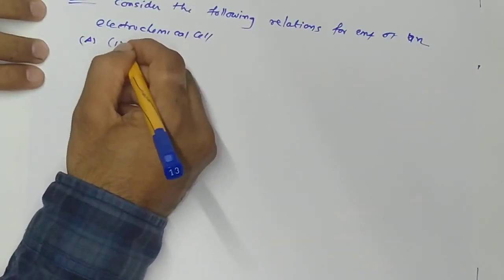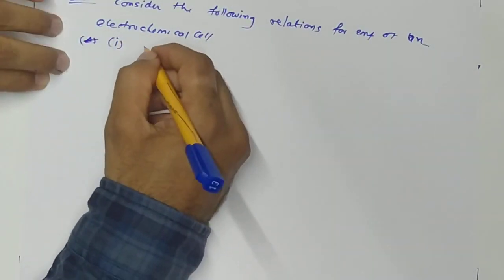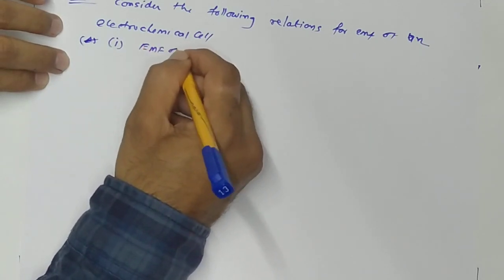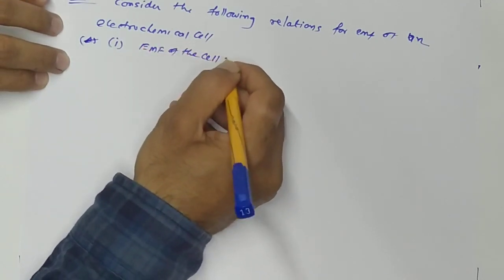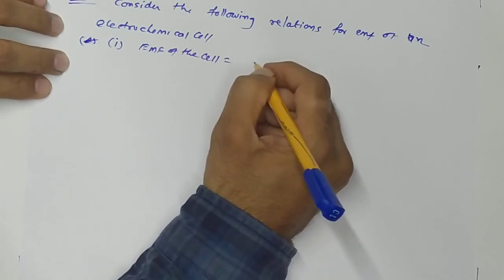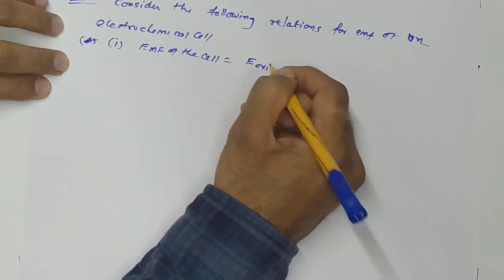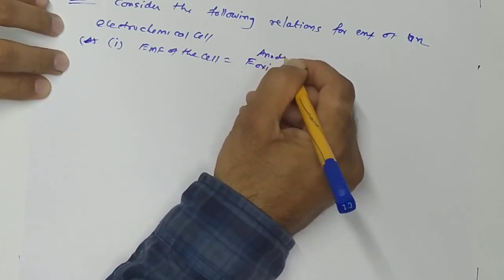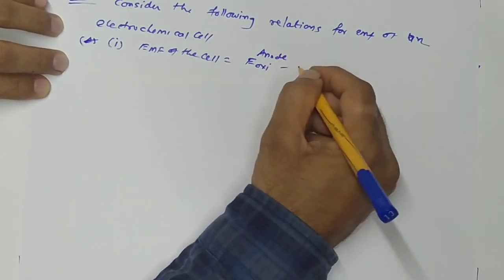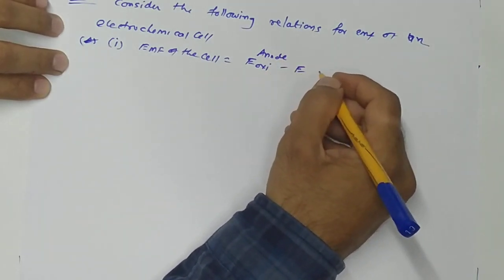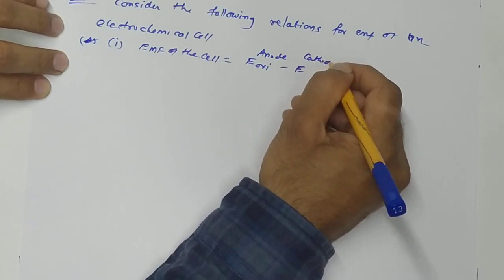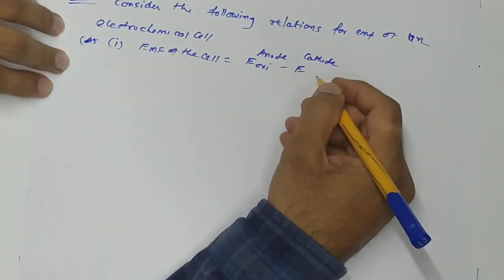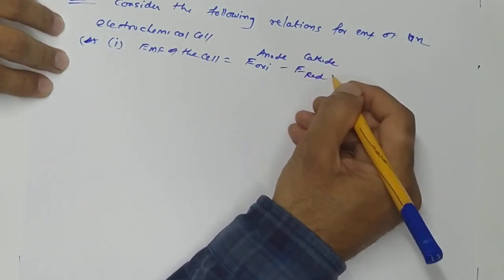First, EMF of the cell equals oxidation potential of the anode minus reduction potential of the cathode.